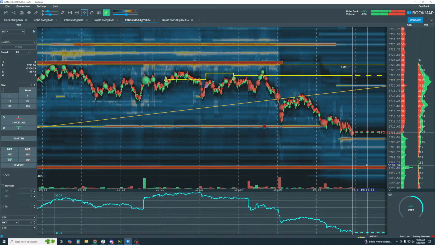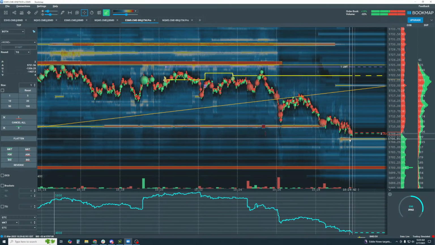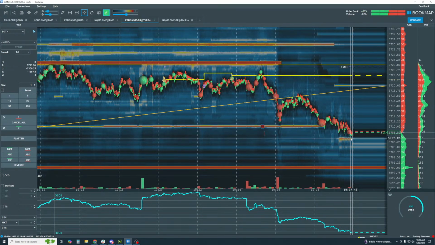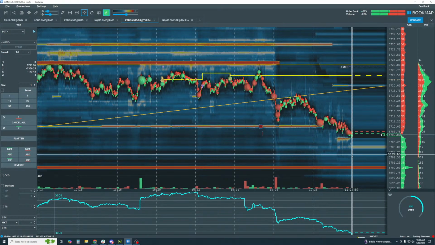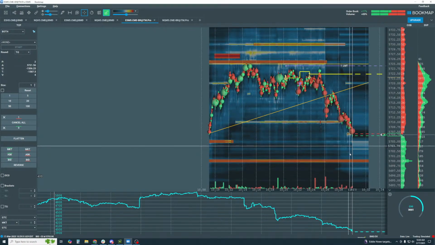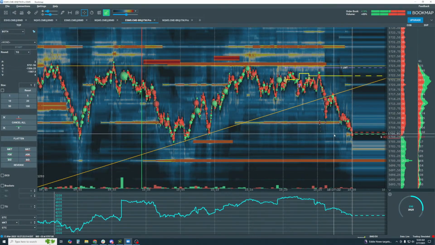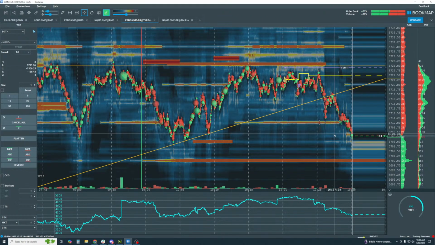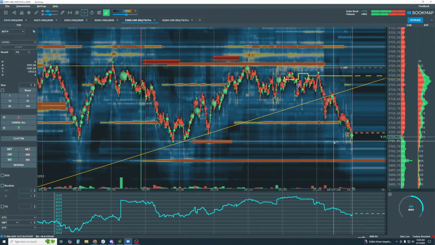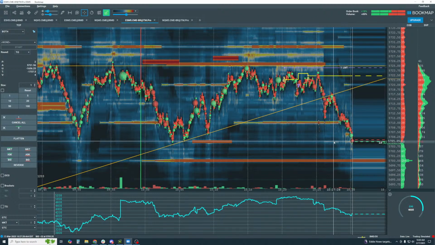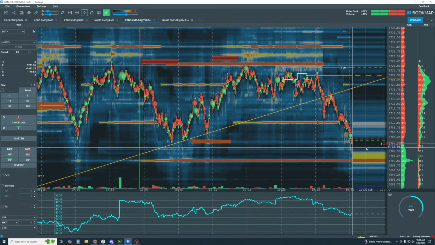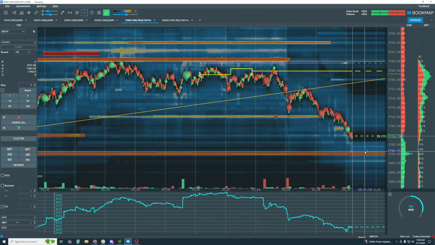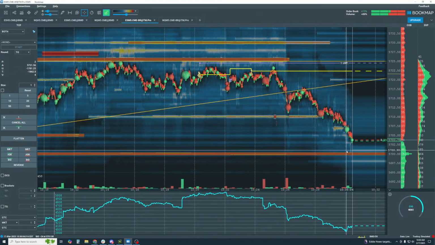No, it's just not there, not showing up. Okay, back to 57.05 now. Actually, back down into this low volume node in here.